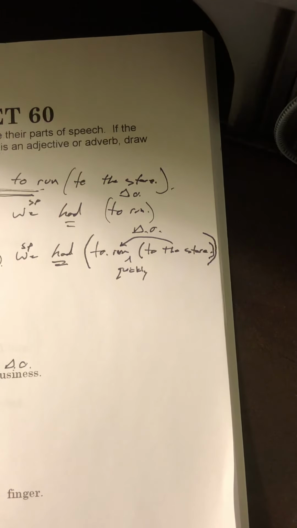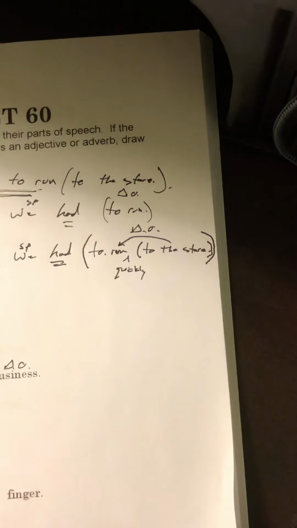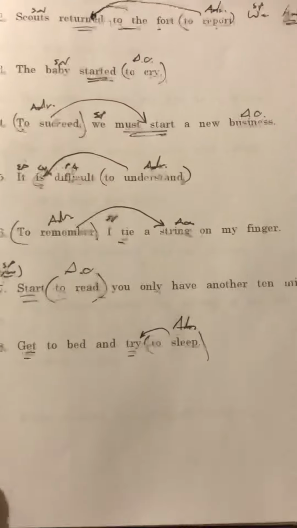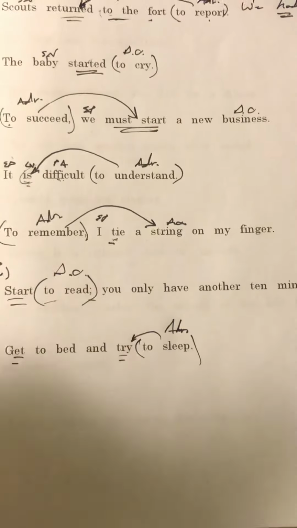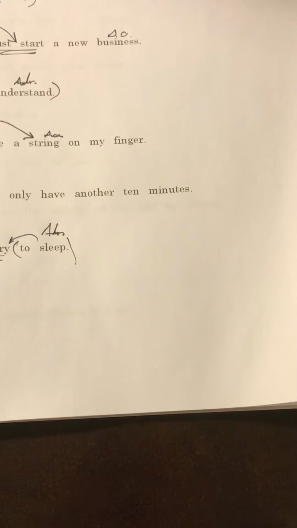It's actually like painting a whole scene. And we had to run to the store quickly. And that the infinitive and its modifiers there are the entire infinitive phrase, right? A group of related words. And then the entire phrase becomes the object of that verb. That even is what's happening in one like down here would try to sleep. It just can be a little more confusing, frankly, because the infinitive phrase is so small.